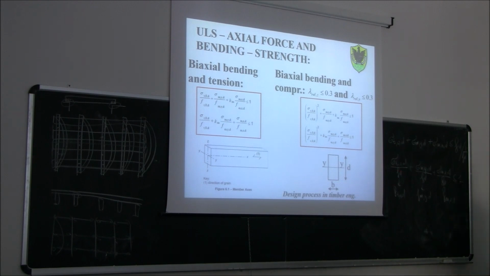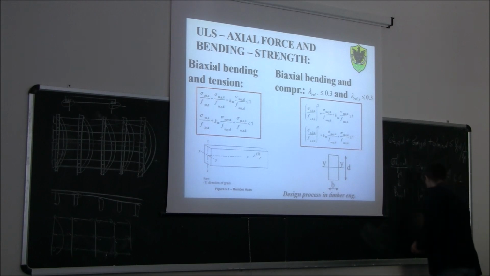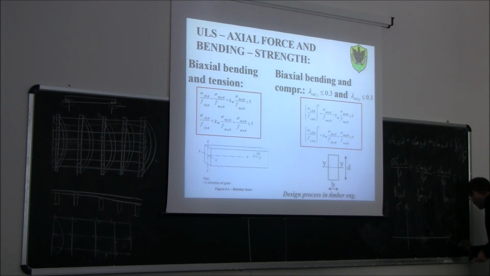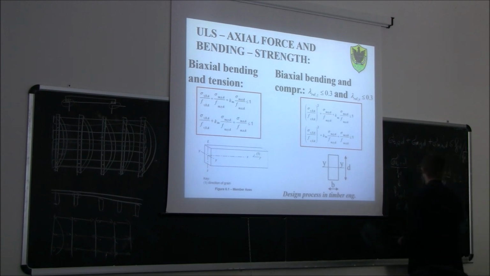So if you were to put here, let's say, sigma t, so this would be tension, and this would be bending. The strength domain that we get is something like this.